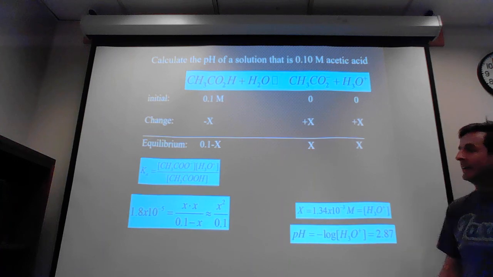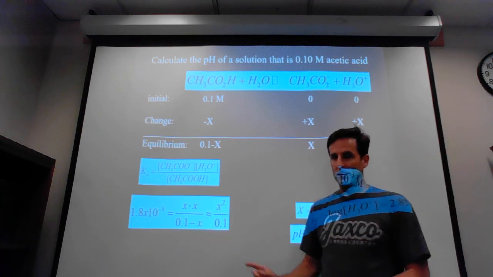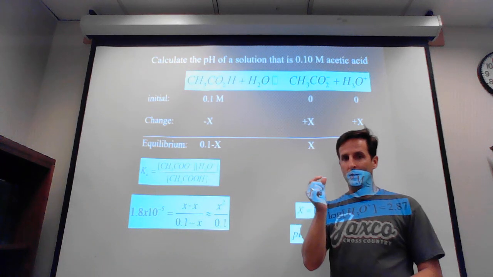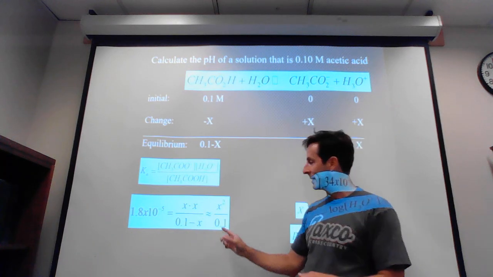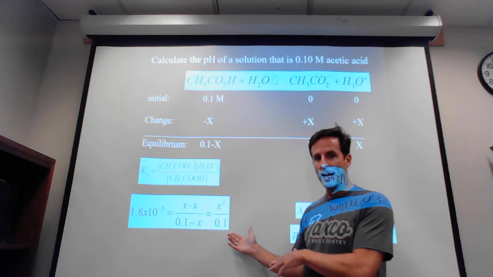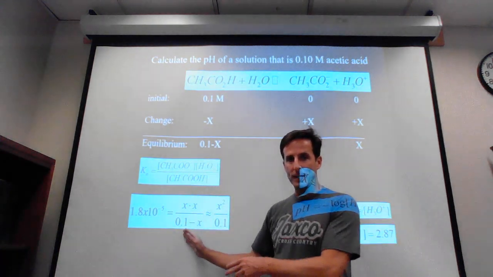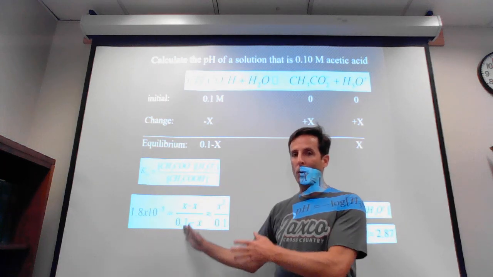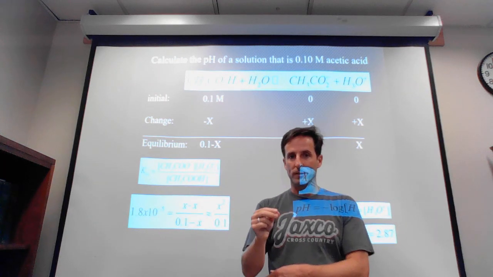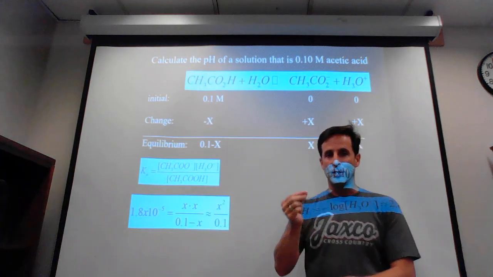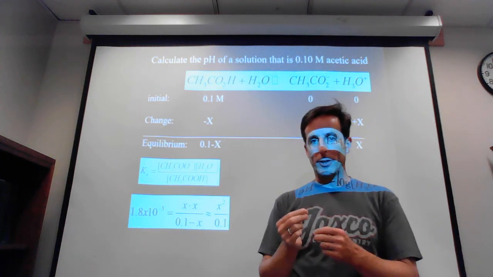Now, if I make that assumption, it changes my answer a little bit. The true value, if I make the assumption and solve for x, or if I go with the original equation and solve for x doing the quadratic, the one with the quadratic is the correct answer. The one where we made the assumption is close to the correct answer, but it's not exactly correct.